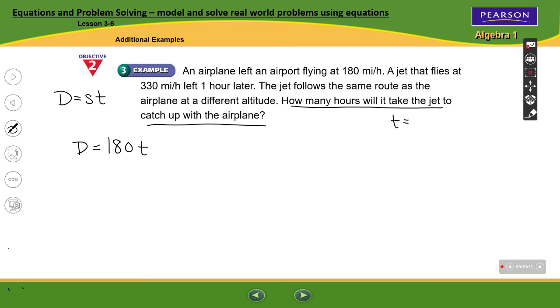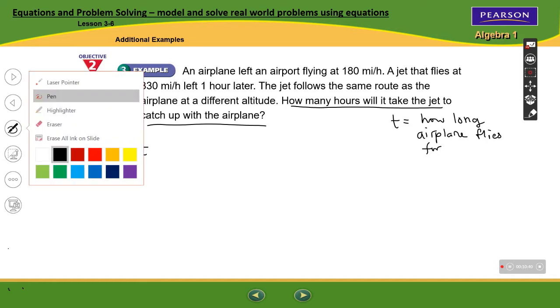T equals how long the airplane flies for. Hopefully I'm spelling airplane right. Yeah, I think I am.